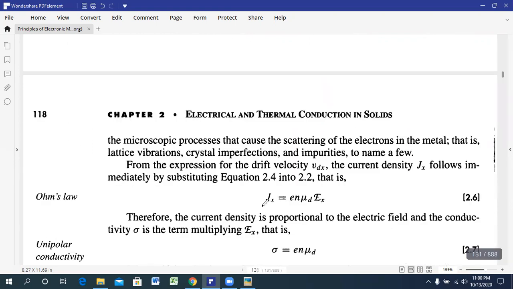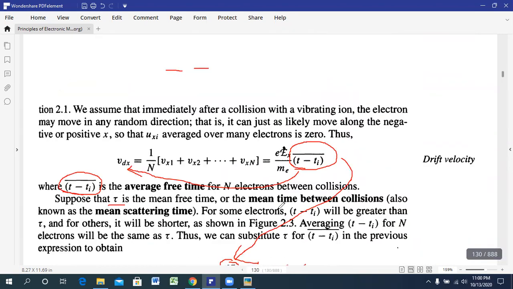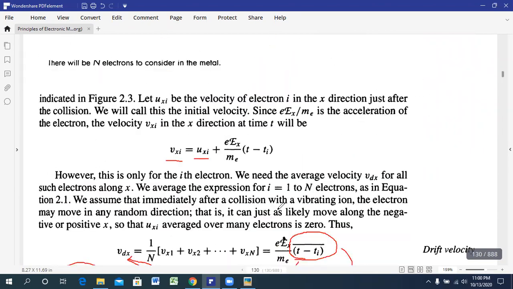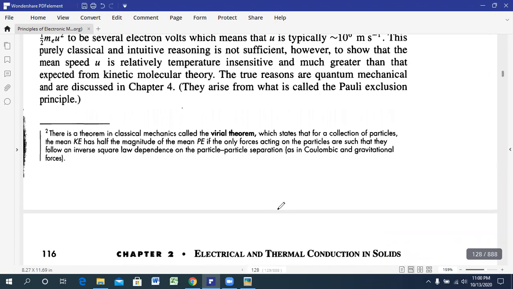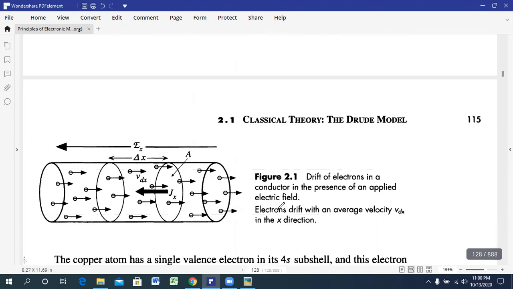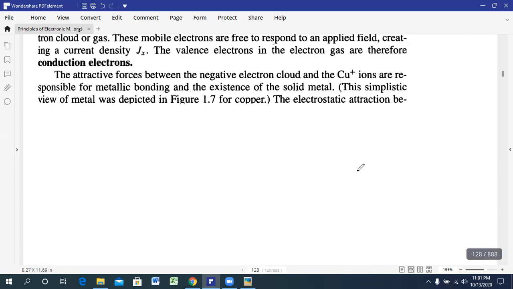If we go to the electric current density J of x, so if we go to equation number 2.2, then you will find J of x equals to E n Vdx, right? Now E is a constant term, n is a constant term, and Vdx. Now we will put this value of Vdx there. So what is Vdx?